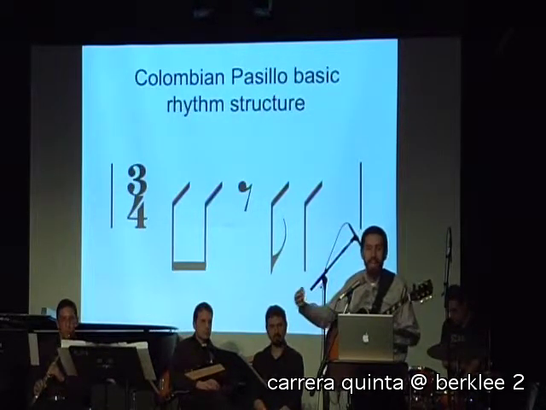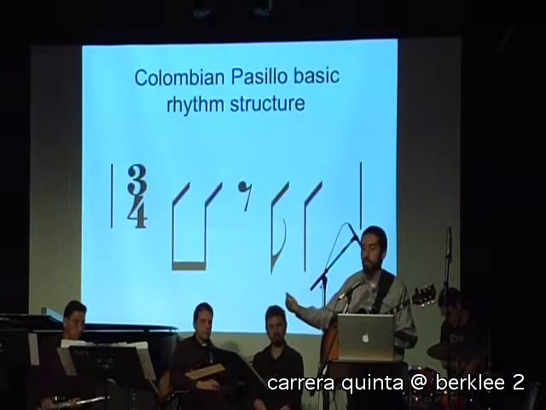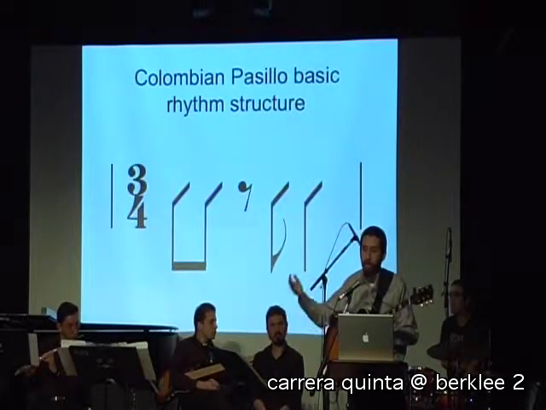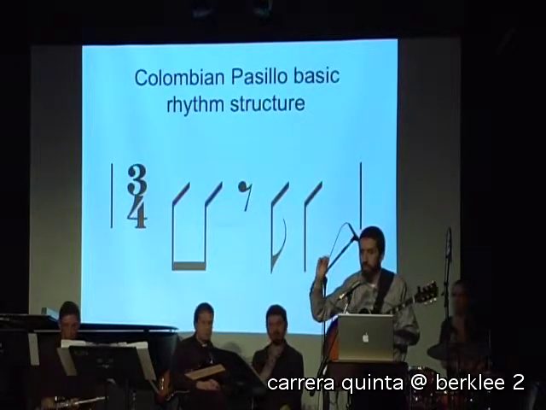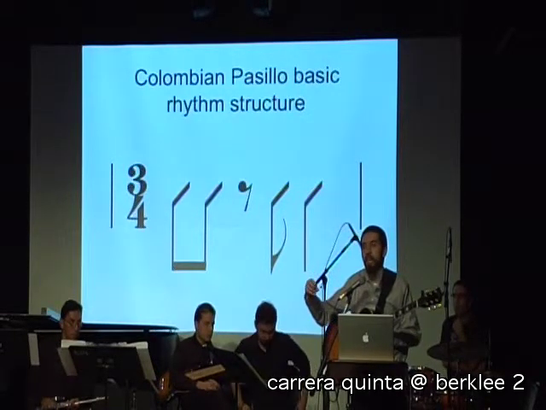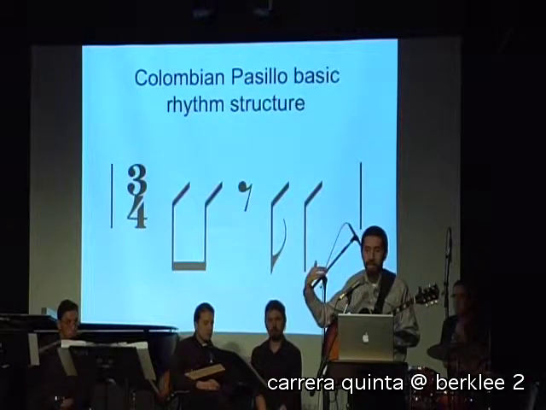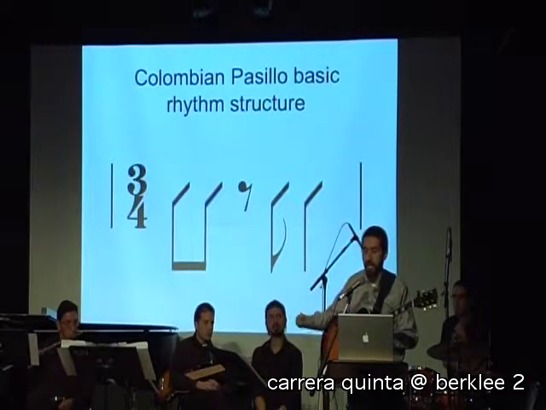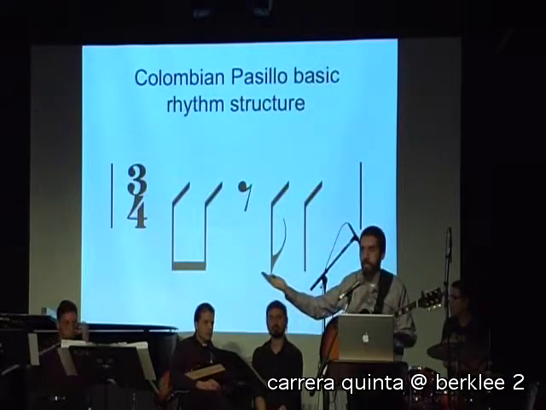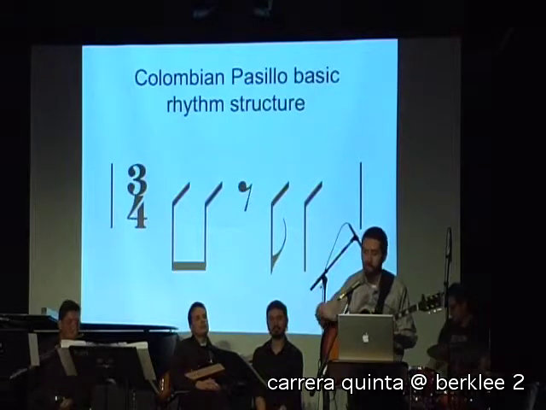It's always played at the end of each section, especially the most traditional tunes. When the traditional composers compose a tune, always at the end of the section they write that cue. Maybe the new composers from the 80s, 90s, and right now, sometimes change that. But if you listen to any composition from the 70s, 60s, 50s, 40s, 30s, you will always listen to that.